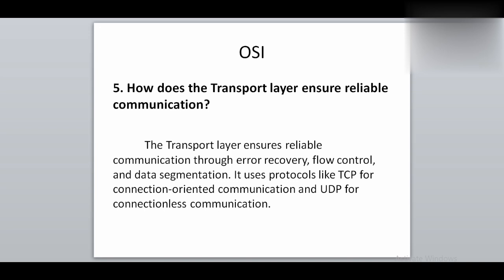Also there is one more function, flow control. Suppose there is communication between a PC and a mobile. The PC sends 100 Mbps of data per second to the mobile, but the phone does not have the capacity to capture 100 Mbps.